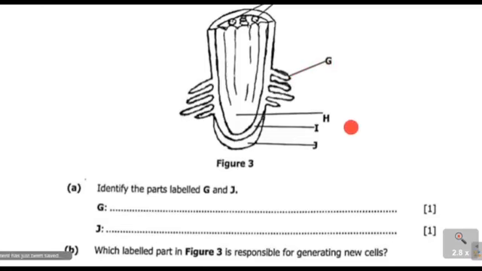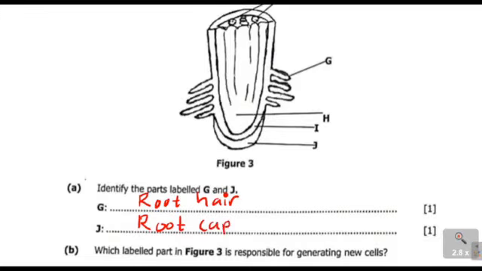Then this part labeled J is called the root cap. So I can write our answers: the part labeled G is called the root hair, and the part labeled J is called the root cap. So these are the answers to our question.